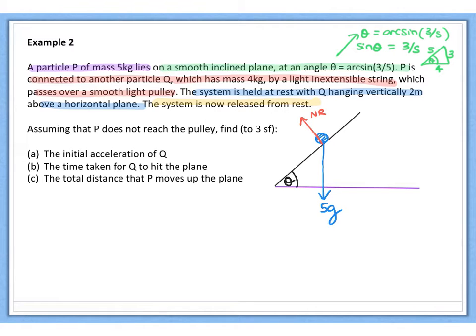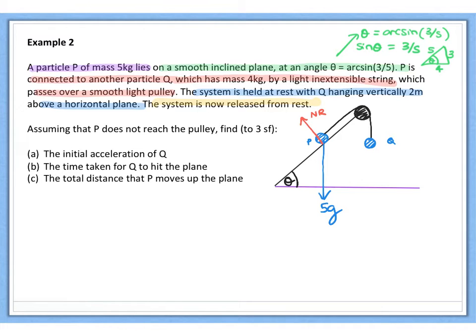Now it's a smooth plane, so we don't need to include a frictional force, but P is attached via a light inextensible string to another particle. So here is the string passing over a pulley, like so. And then we're attached to a second particle, Q. There's Q, and this one is P, which has a mass of 4 kilograms.